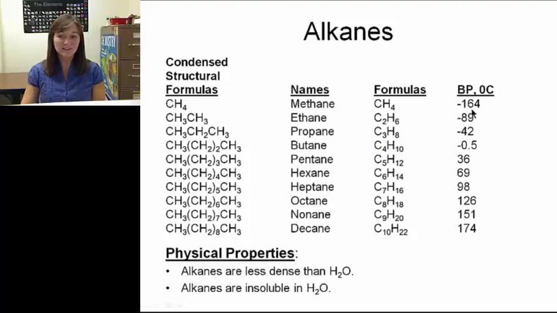So if we were to look at the trend in our boiling points, the more carbons you have on your chain, the higher the boiling point is going to be. We talked about that a little bit in the last lecture when I was talking about how they separate petroleum, and they heat the petroleum, and at different temperatures it boils off. And the lighter the molecule is, the less carbons, the lower the boiling point is going to be.